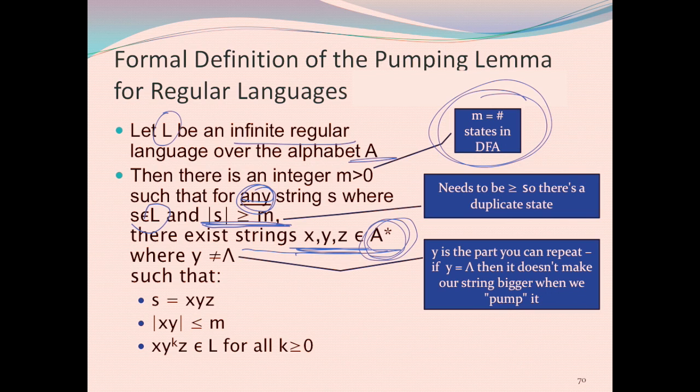We're being very general here. Y isn't empty, and s is x, y, and z concatenated together. The length of x, y squished together has to be less than or equal to m. And whatever k I pick, x y to the k z is in L. Okay? So this is the formal definition of the pumping lemma for regular languages. Let's see how we use it.